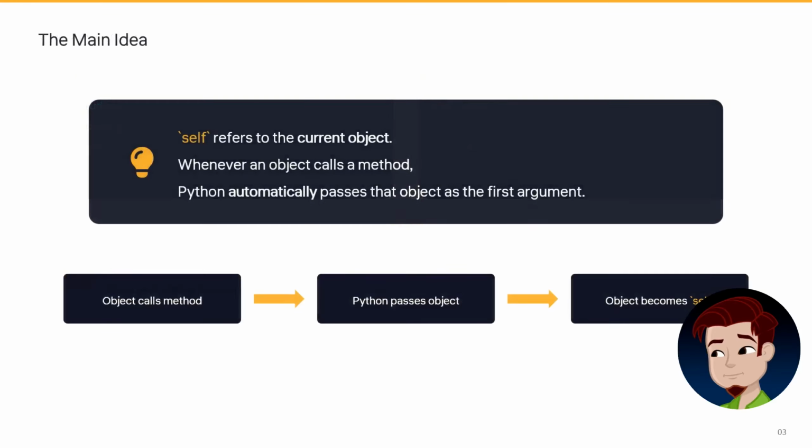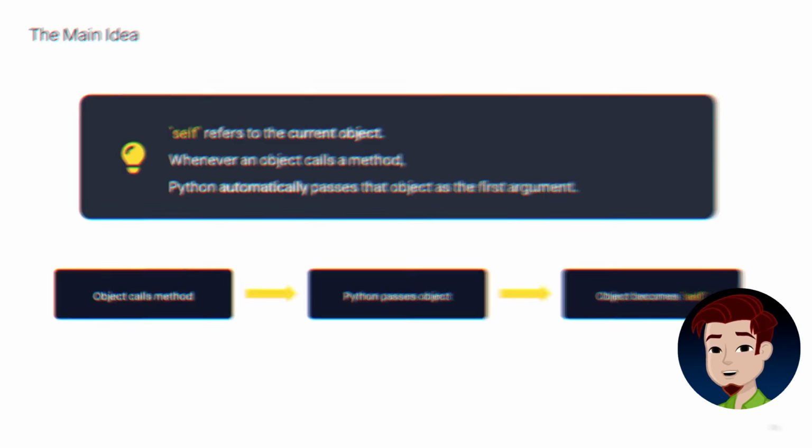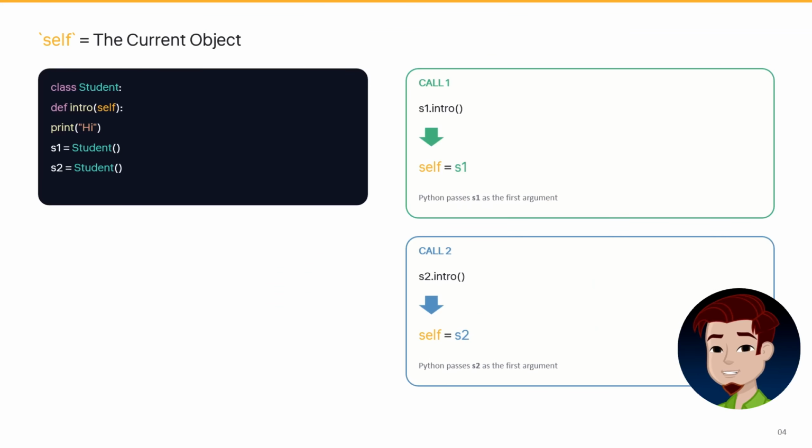First of all, self simply refers to the current object. That's it. Whenever an object calls a method, Python automatically sends that object as the first argument. Now this sounds confusing, so let's make it visual. Suppose we have this class Student, def intro(self), print hi, and then we create two objects, s1 = Student(), s2 = Student().